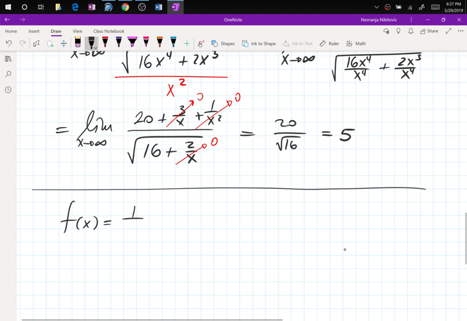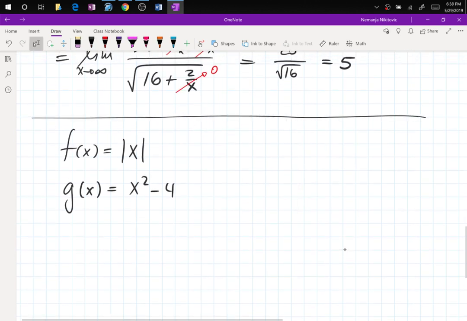G of x is x squared minus 4. And then there's another function called capital G of x, which is 1 over x minus 8.